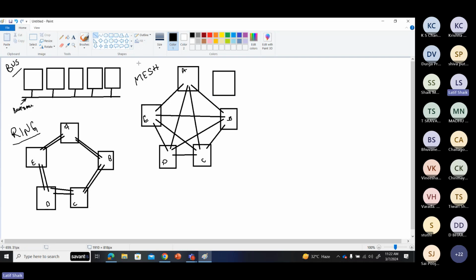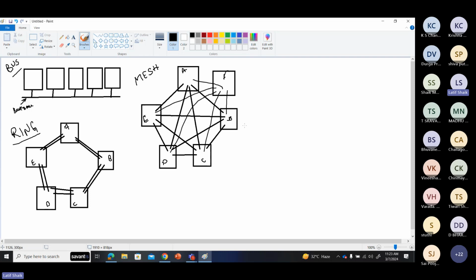Now if I add some other device, look here: A, B, C, D, E. For example, this is device F. How many connections do I have to make? Look here, 1, 2, 3, 4, 5. Those many connections you have to make. You have to go to each and every device, shut down, connect a new NIC, and then put in the wiring.